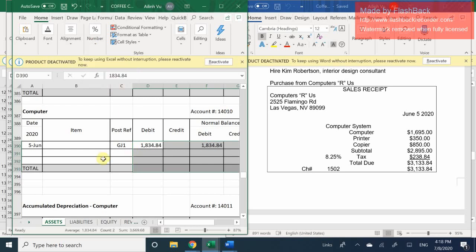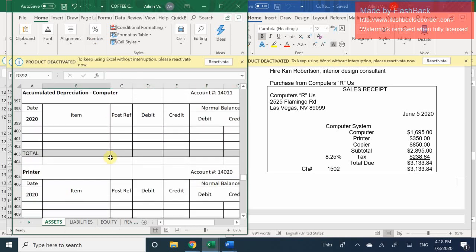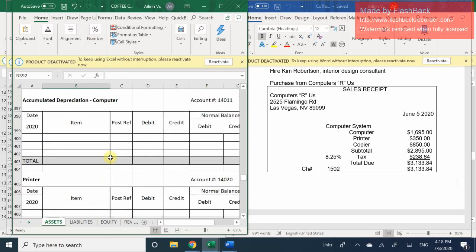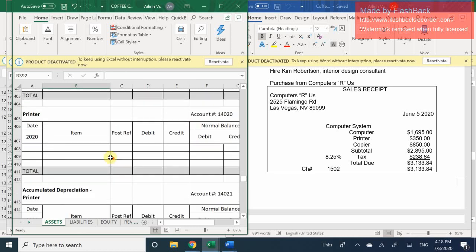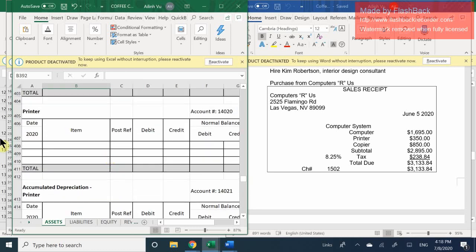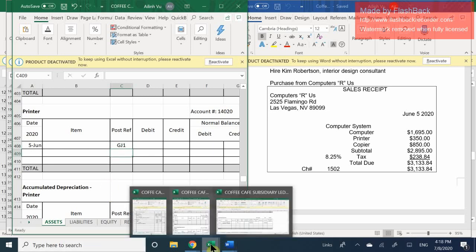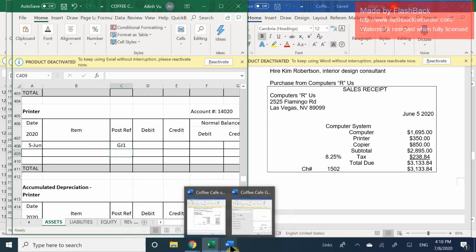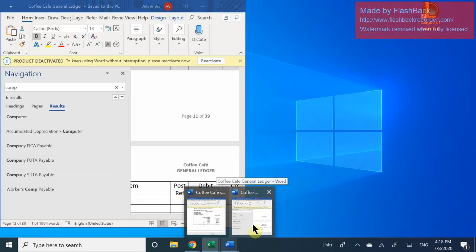And if you scroll down on that same page, right underneath is accumulated depreciation, which we don't have yet. And then it's going to be your printer. So General Journal number 1. And what page number are we on? It's the same one, 12. 378.88.